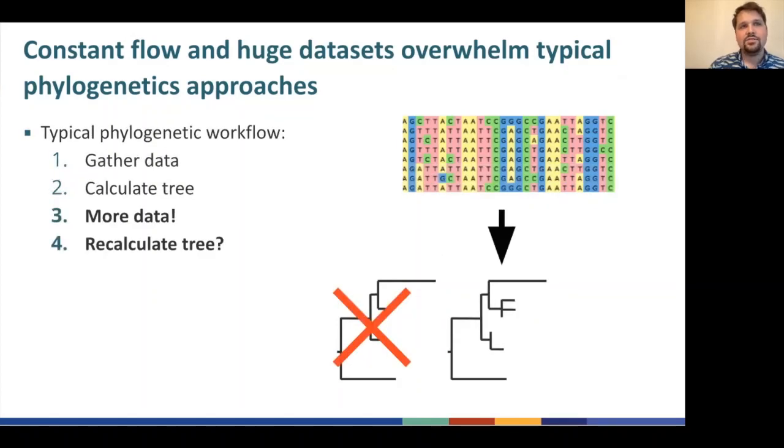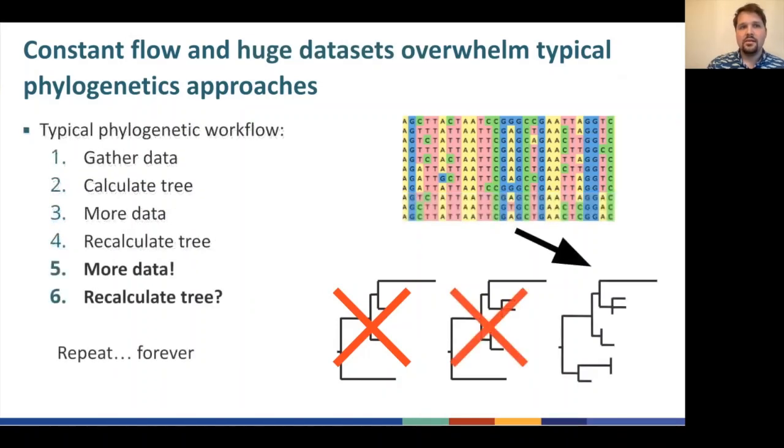But by the time your tree is ready, in a pandemic, it's already out of date, and a whole pile of data has to be added to it to interpret newly sequenced genomes. So you can add these new sequences to the dataset and start over to infer a new phylogenetic tree from scratch. But the same thing happens again, and your phylogeny is already out of date by the time it's finished. Moreover, with each addition to the dataset, de novo tree inference becomes harder and it takes longer.